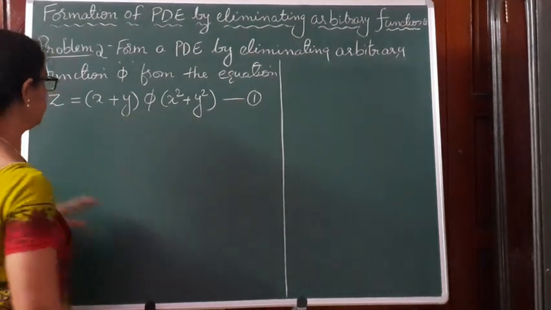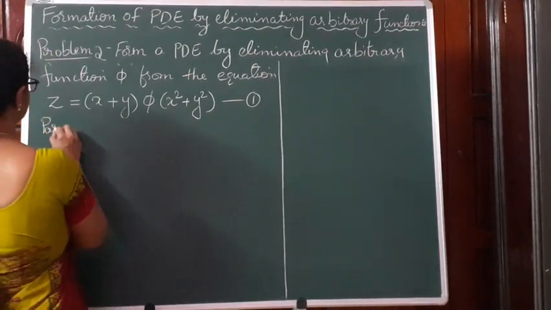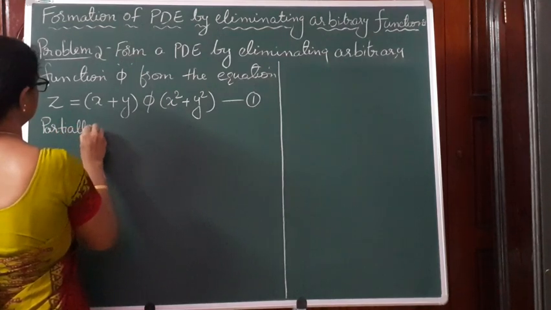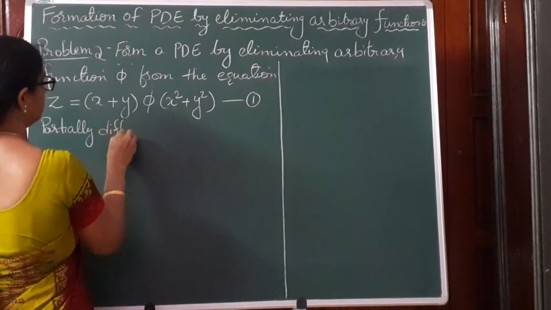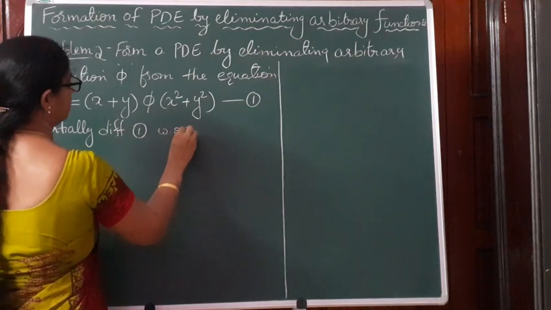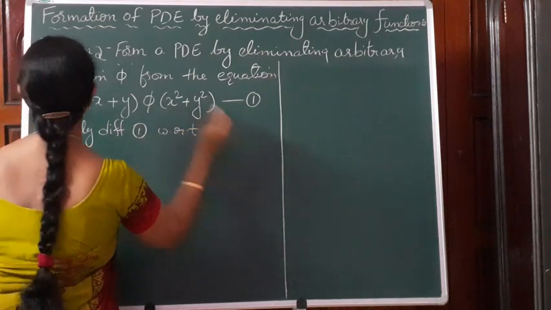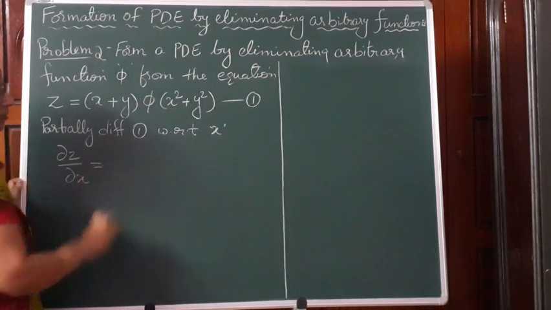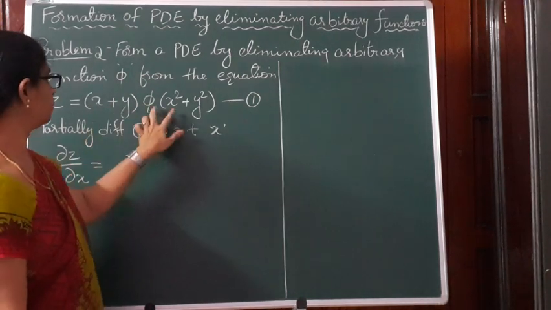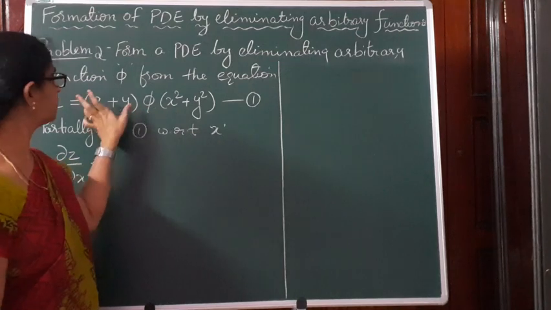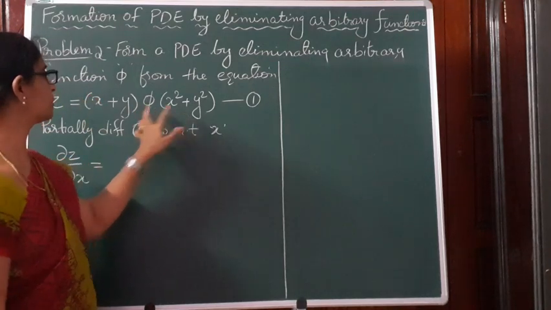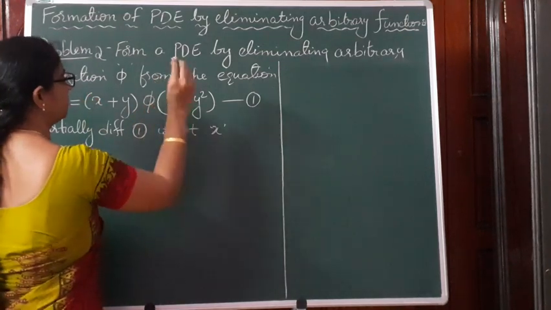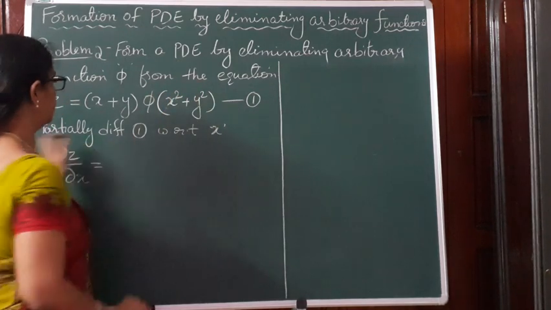Now partially differentiate 1 with respect to x. Then ∂z/∂x is equal to, here we have two terms in a product: x plus y is one term, phi of x square plus y square is the other.